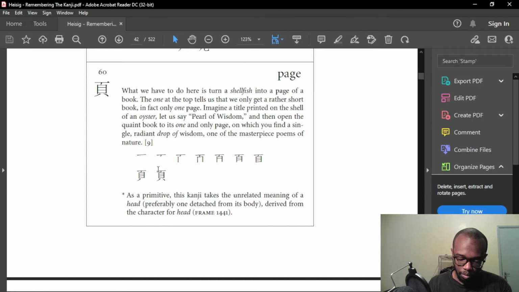So we picture a book called The Pearl of Wisdom. It has only one page in it. So a clam-shaped book. Okay, a book with only one page.